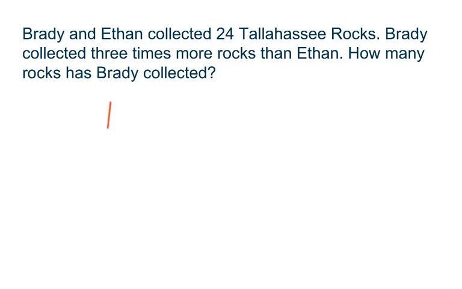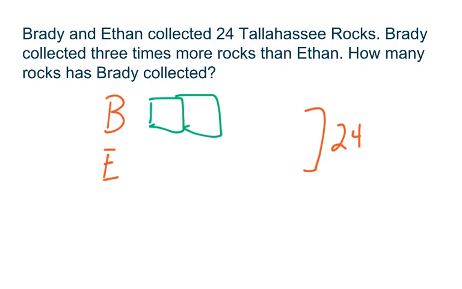So I have Brady and I have Ethan. And Brady and Ethan have collected a total of 24 rocks. And Brady collected 3 times more rocks than Ethan. So Brady would get 3 boxes and Ethan would get 1. And all of these would have my n's inside.